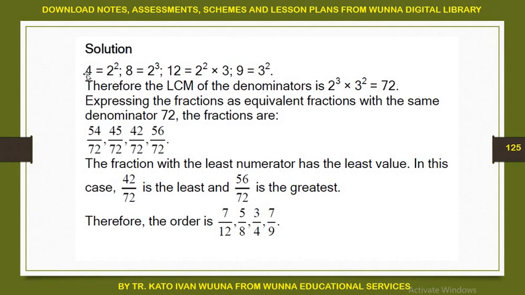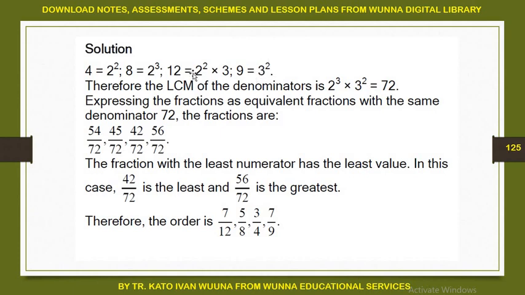So since they are expressed in forms of 2 and 3, we look at the highest order of 2 and 3, which are the ones that we shall multiply to get our LCM. That is to say, the highest order of 2 is 2 cubed, so we shall pick that out, and then the highest order of 3 is 3 squared.